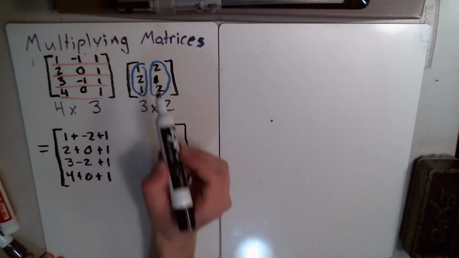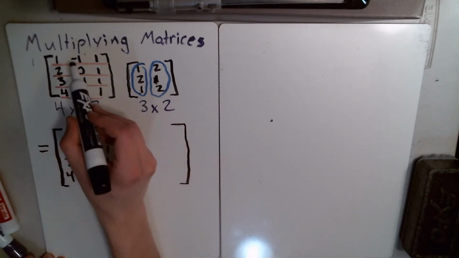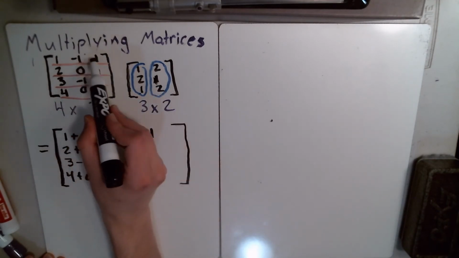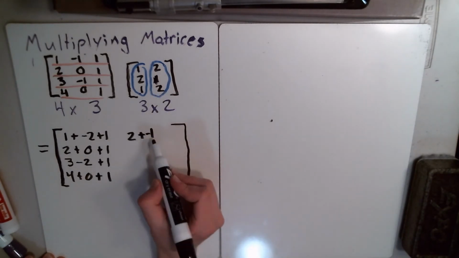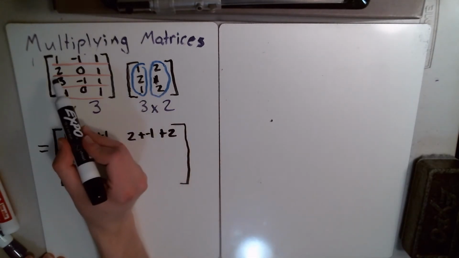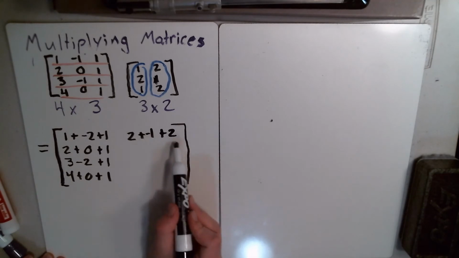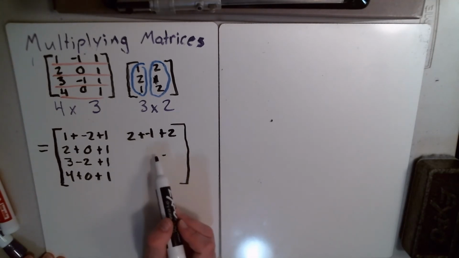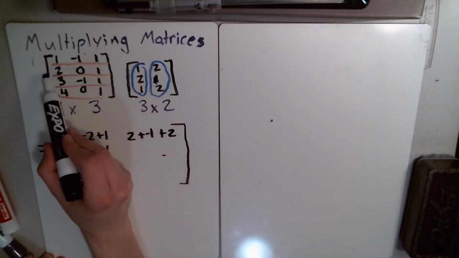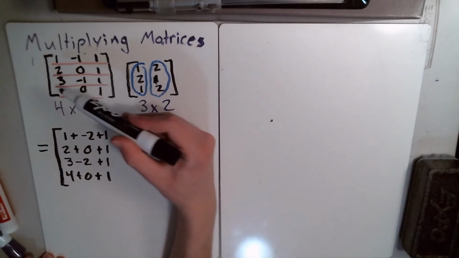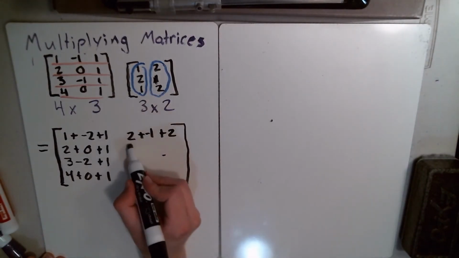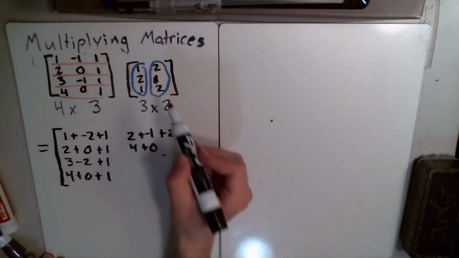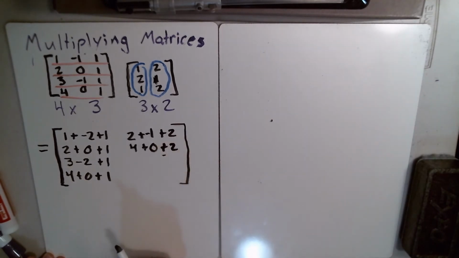So we get 1 times 2 is 2, -1 times 1 is -1, 1 times 2 is 2. So that's that entry. Second row, second column: 2 times 2 is 4, 0 times 1 is 0, 1 times 2 is 2.